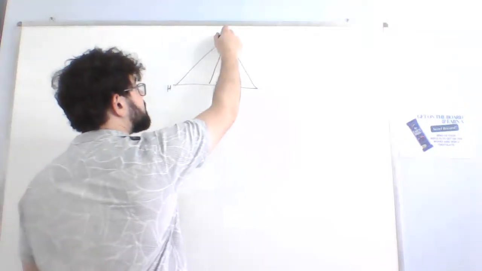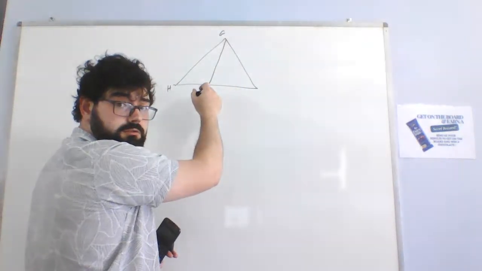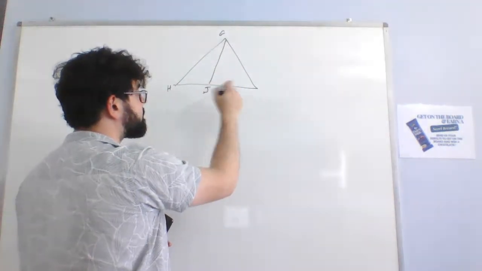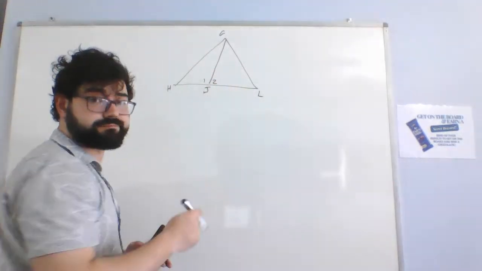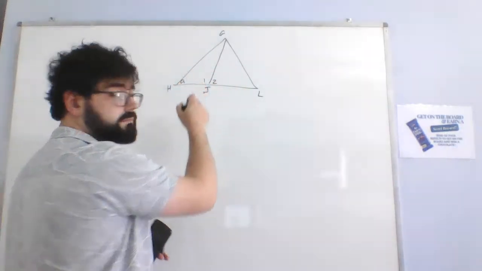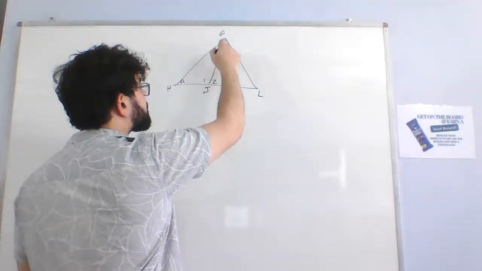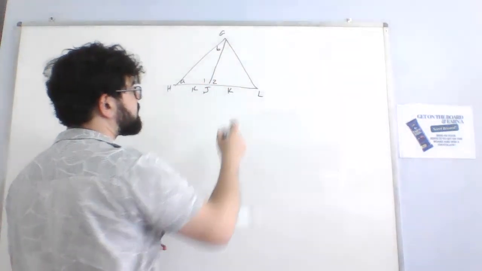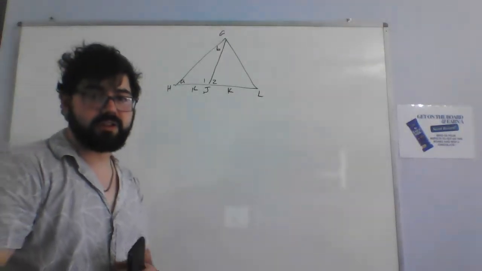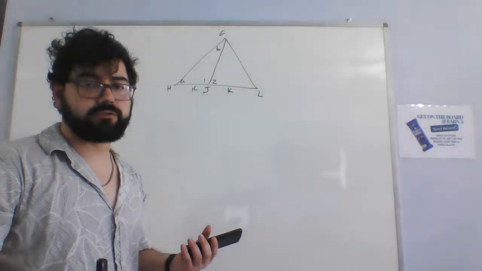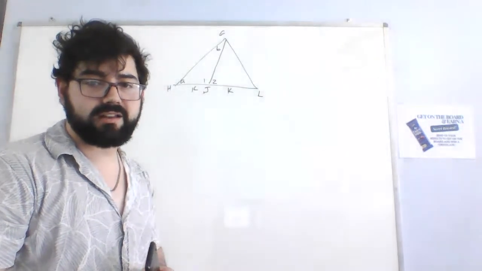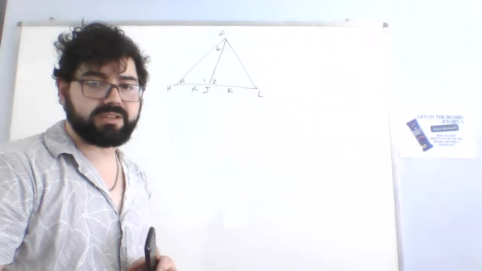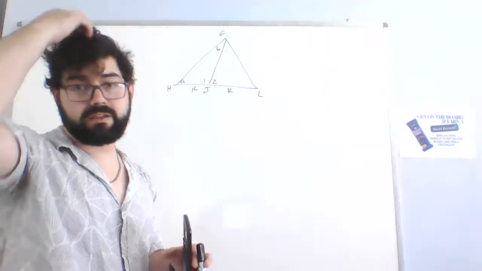So it is H, G, J, and L. Okay, so that's all the information. And they say prove that the area of triangle GJL is K squared sine A over sine of A plus B over 2 sine B.